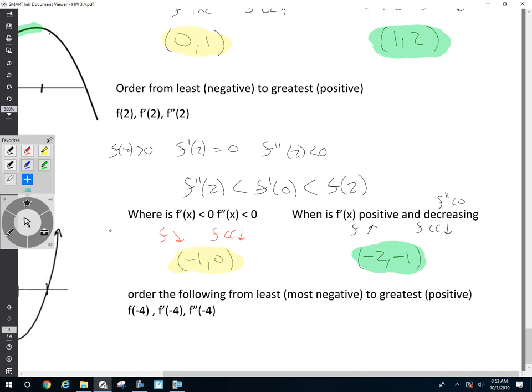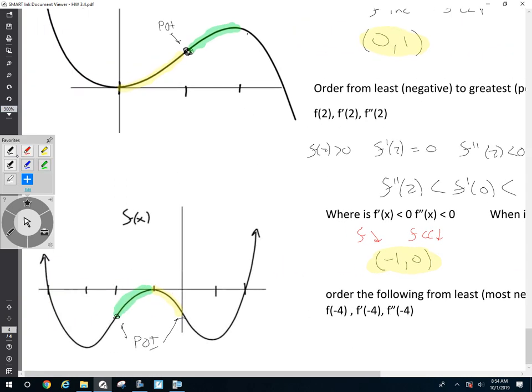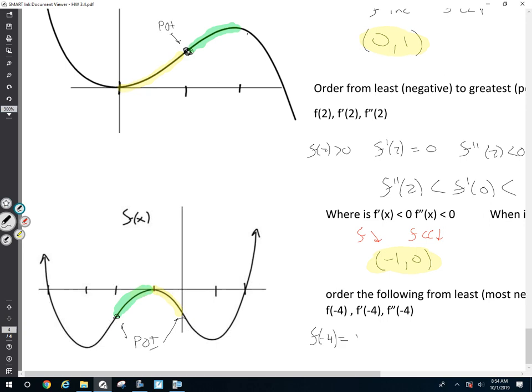Order the following from least to greatest. We're looking at negative 4. Okay, well the function value is 0. F of negative 4 is 0. The tangent slope is negative. All right, so f prime of negative 4 is negative.